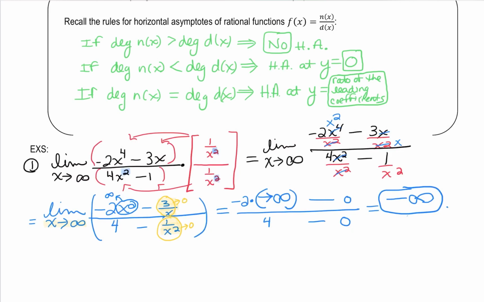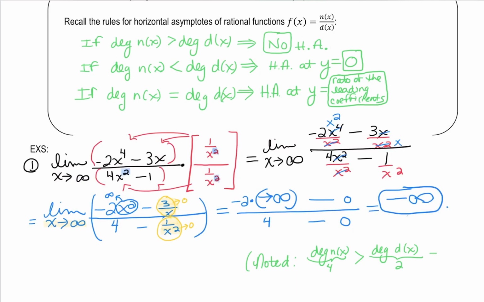Now, what I want you to observe is, from the very beginning, if you thought about your rational functions and their horizontal asymptotes, we could have noted that the degree of your numerator, the highest power of x, was 4, and that was bigger than the degree of your denominator, which was 2.